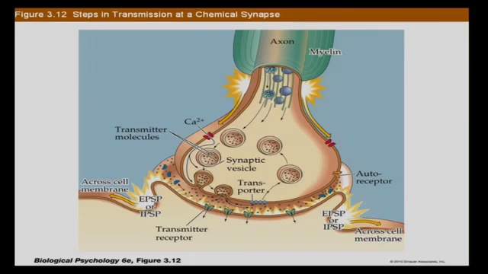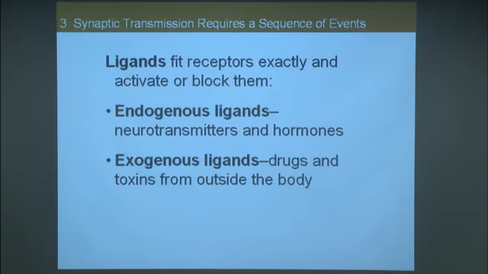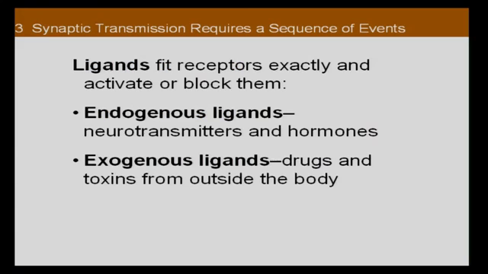Now, in this next section, we're going to talk about this key concept: it's the nature of these receptors that determines whether you're going to get an EPSP or an IPSP. Now, what activates these receptors? The thing that activates the receptors is called a ligand.